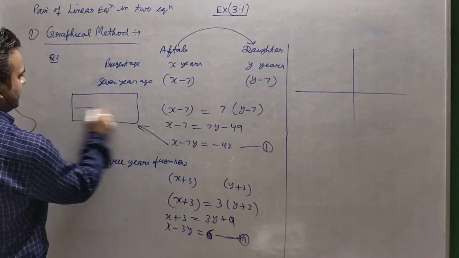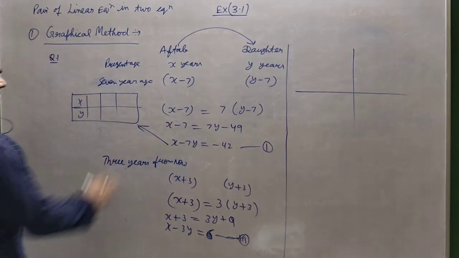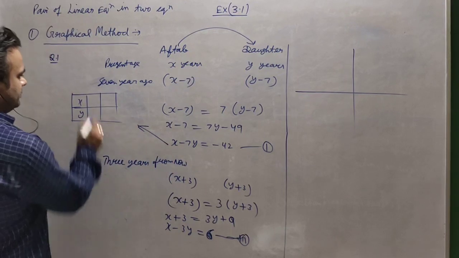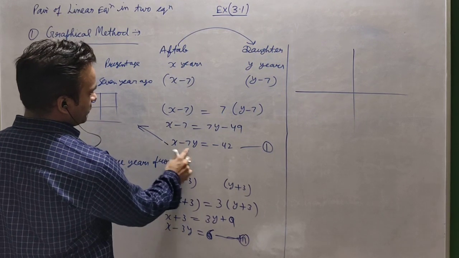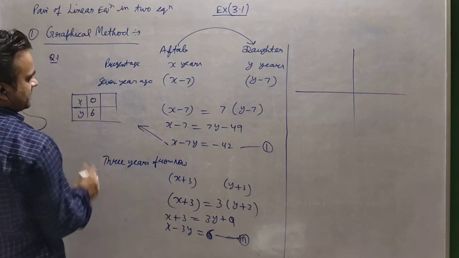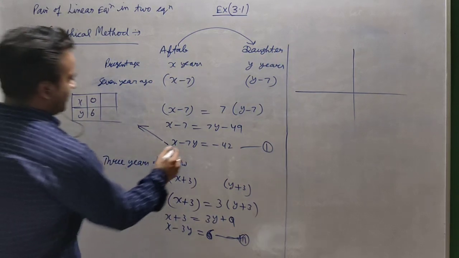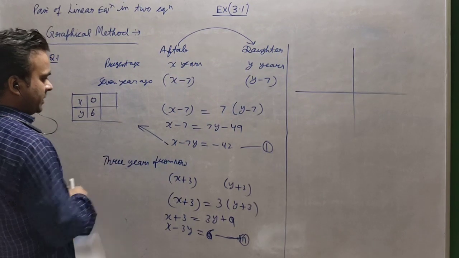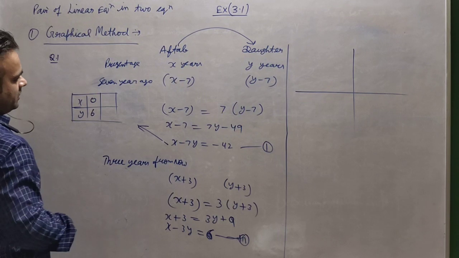So I am doing x or y. Okay, two points we will select. Suppose I am putting x as 0. Then minus minus cancel, and y is 6. If y is... okay, we will do one thing, because if you put this one 0, you will get minus 42. That is very big. To make it small, what value should you put here so that it can be okay?